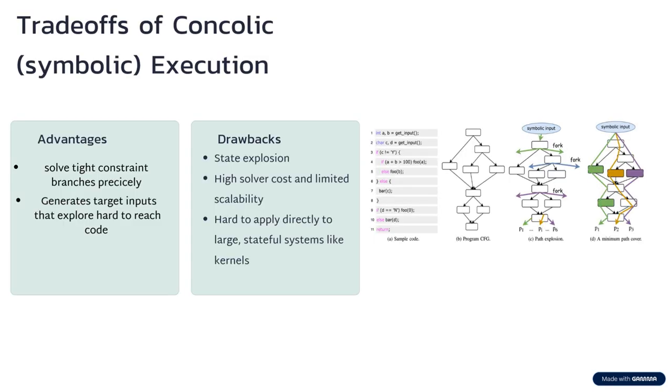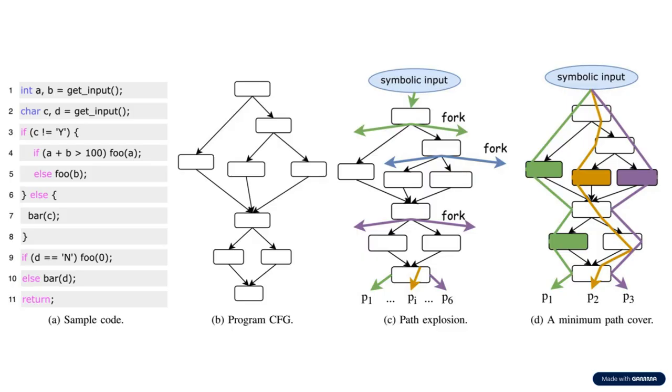Okay, so now we can talk about some of the trade-offs of concolic execution. Before I cover these bullet points, let's take a look at this diagram. If you look at this tree diagram, you can see that every conditional branch splits into two possible paths. After one branch, there are two paths.